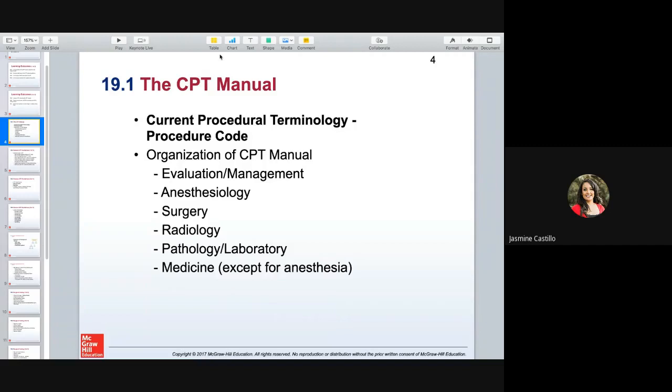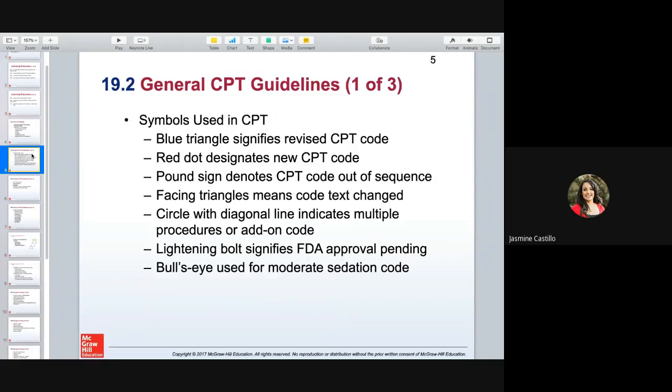All right, so those are the sections, and for homework purposes, it's going to ask you where the sections start as far as the ranges of codes. In your LearnSmart that you did, as well as in your textbook, the very first page of Chapter 19 has a little graph, a little picture.